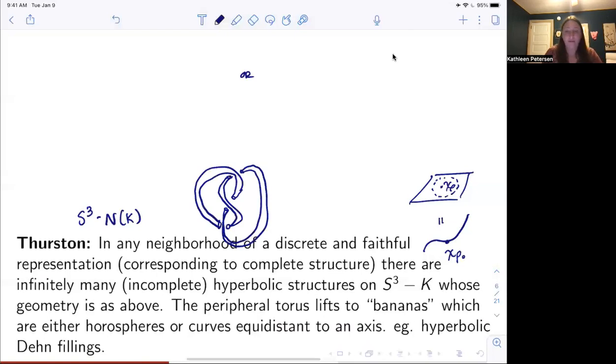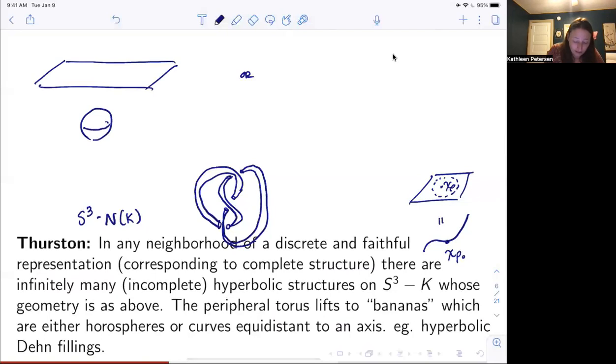The discrete and faithful representation, sorry, the complete finite volume hyperbolic structure on this is going to lift to this boundary torus, and a preferred lift would be a horosphere. I'm going to take my horosphere at infinity. And then there are an infinite number of other lifts in H3.